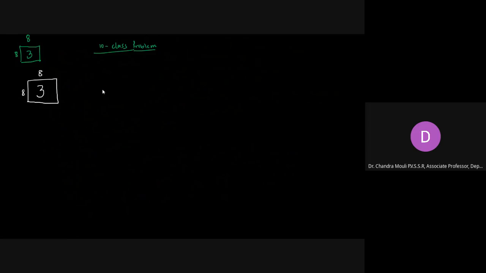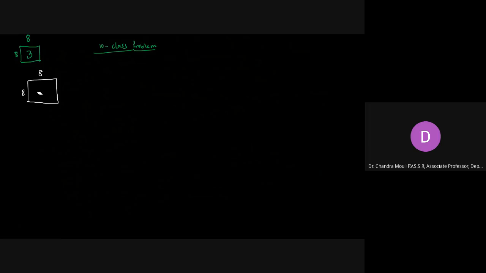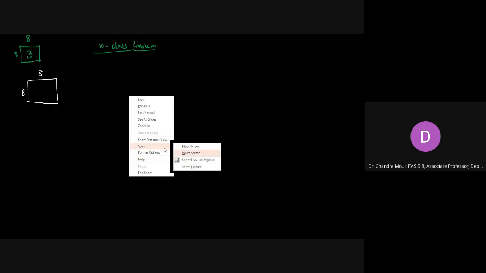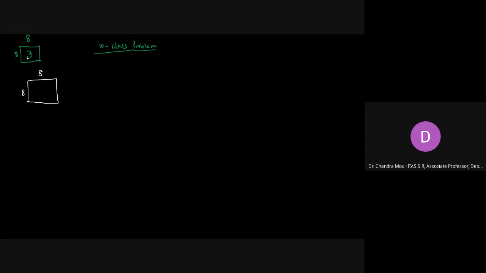So a typical image, if you see an image like this, an 8 cross 8 cell, where you have 8 rows and 8 columns. Let us assume this is 6 and this is also 6.